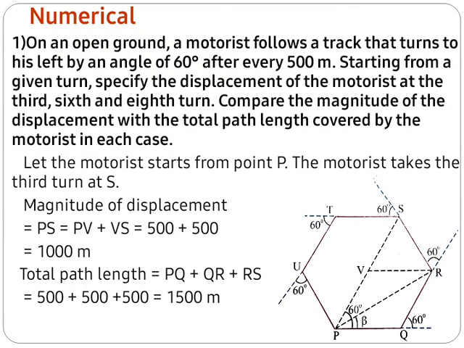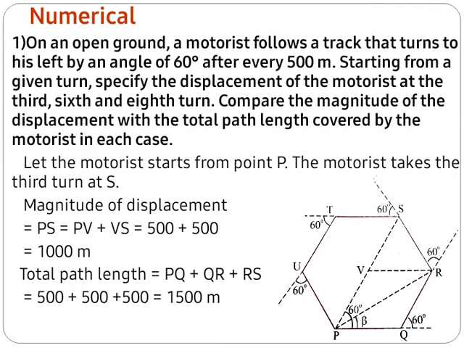Then the magnitude of his displacement PS is equal to 500 meter plus 500 meter is equal to 1000 meter. What is the total path length? The total path length is equal to PQ plus QR plus RS, which is equal to 500 meter plus 500 meter plus 500 meter equal to 1500 meter.